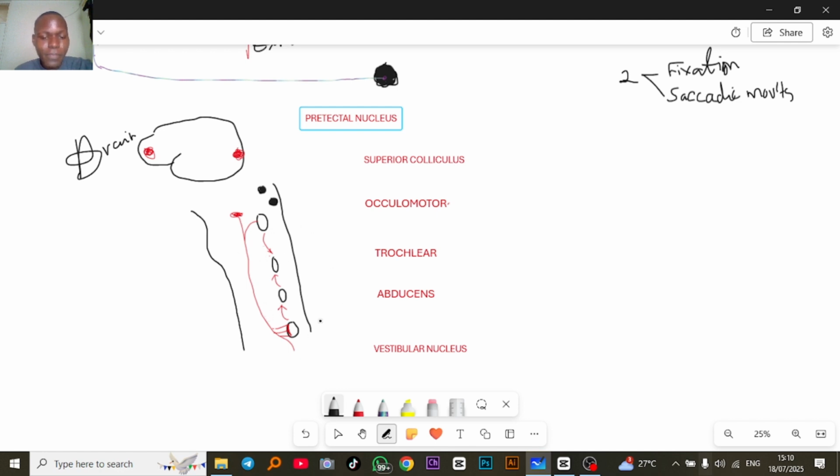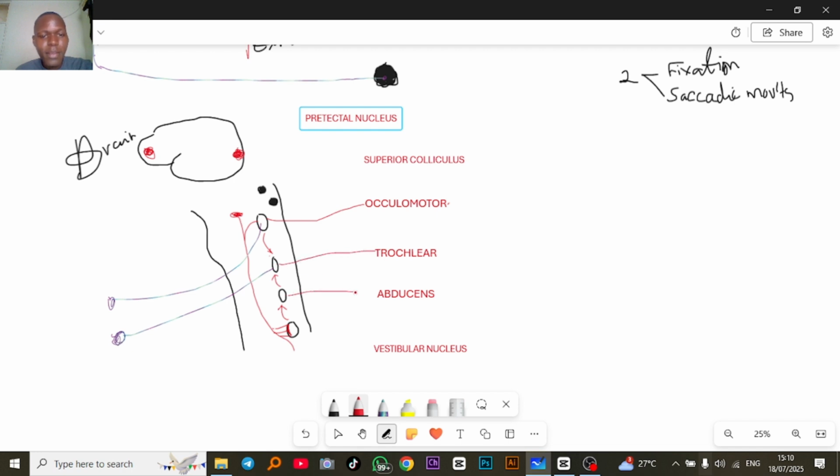The first one is what we call the oculomotor nuclei, which we have seen. This is where the oculomotor nerves originate and move to the eye. Then we have the trochlear nerves also coming from that trochlear nucleus here.